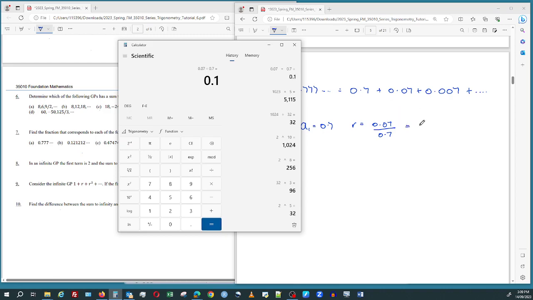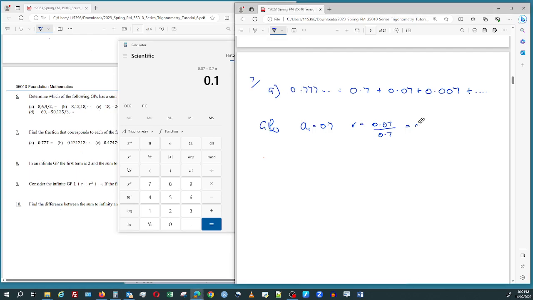So we need to check for the existence of infinite sum, and that check reveals that indeed it's less than 1. So the test for existence reveals the infinite sum exists. So happy days. Alright, so we can use the infinite sum equation to find our equivalent fraction.